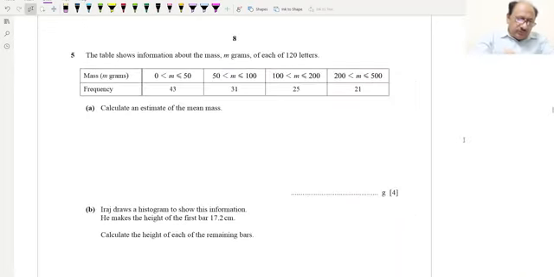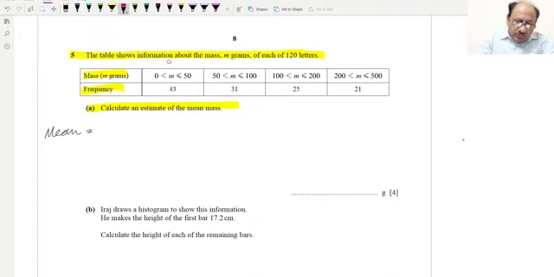Question number 5 says the table shows information about the mass, m grams, of each of the 120 letters. This is mass, this is frequency. Calculate an estimate of the mean mass. For the mean, we are taking the mid-range values.